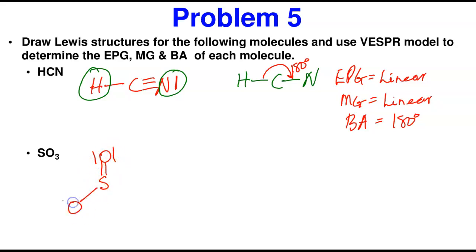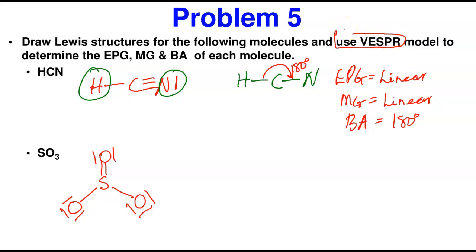Remember, sulfur will be the central atom in this case. And there are no lone pairs here. So just make sure you always draw the correct Lewis structure, count the atoms and make sure they satisfy the octet. And then from there, you begin to apply the knowledge of the VSEPR model to do the rest.